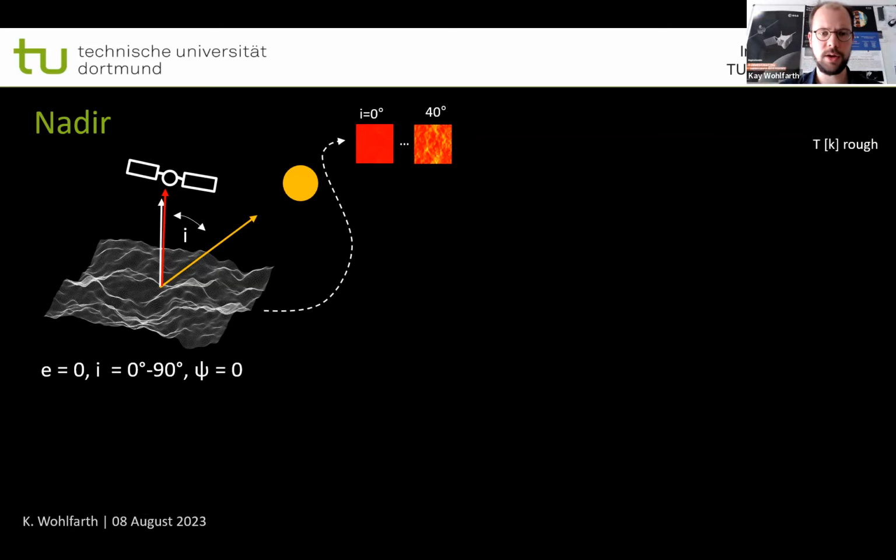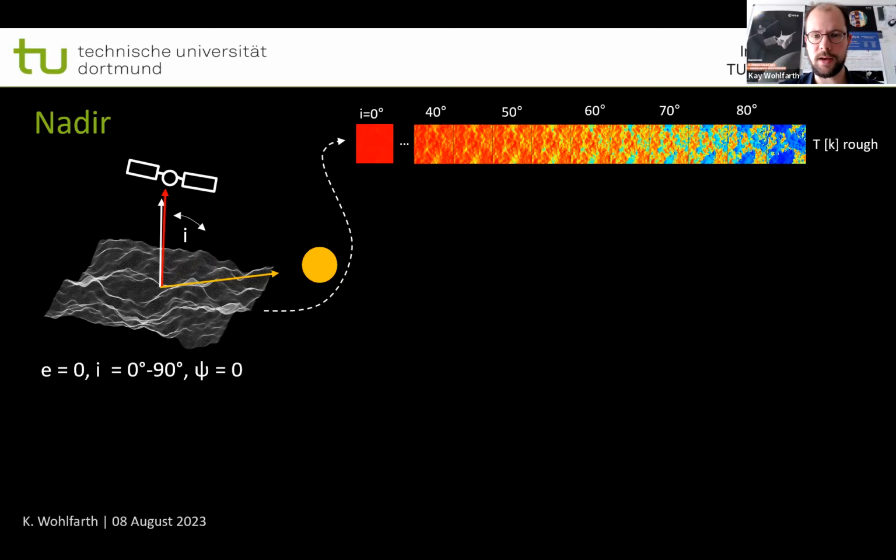The local incidence angle on the surface is not so small anymore. So there are regions that tend to get a little colder, and we can increase the incidence angle and proceed with it, and we can see that the surface becomes colder and colder and colder up to 85 degrees. But because of this rough surface structure, we still have some regions that are hotter than other parts of the surface, and this gives rise to a couple of interesting effects.